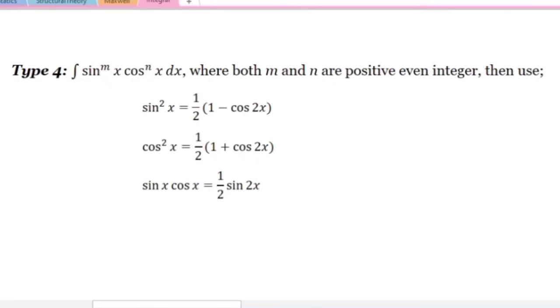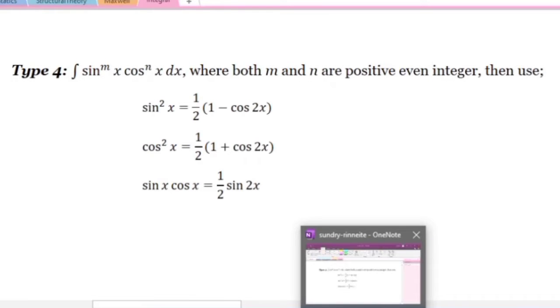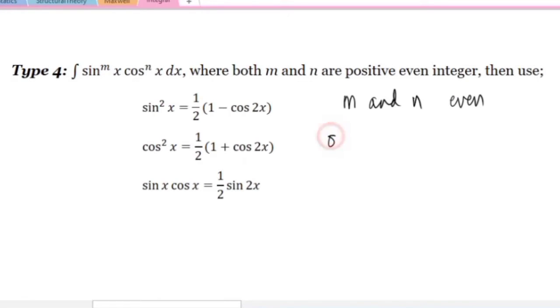For the type 4, we have sine x raised to m and cosine x raised to n, where both m and n are positive integers. Ang case natin dito is when m and n are both even, or when 1 is even.